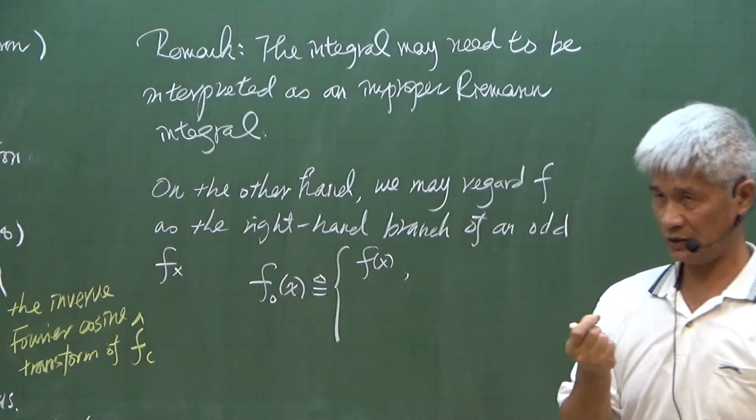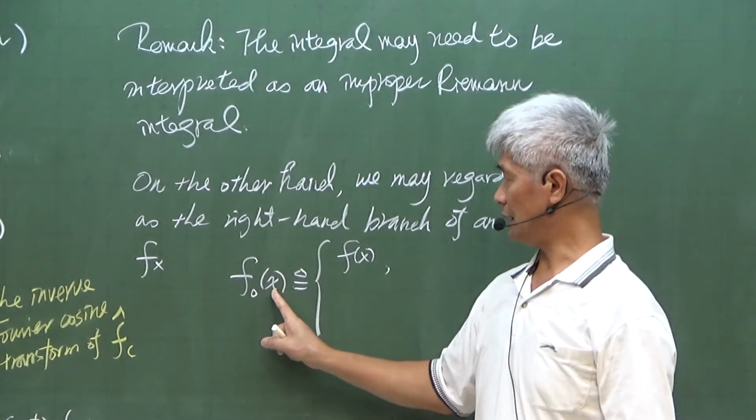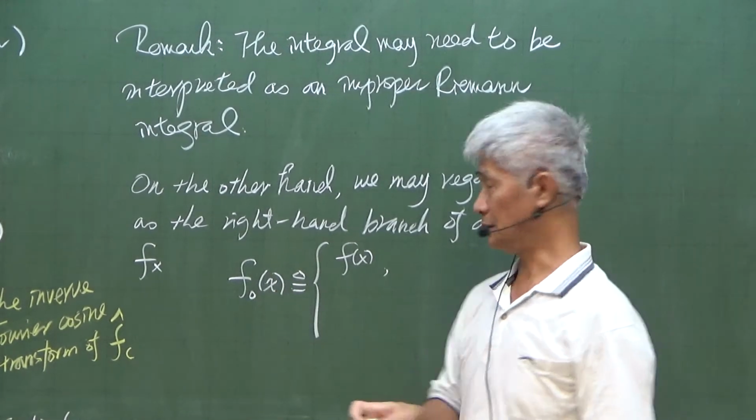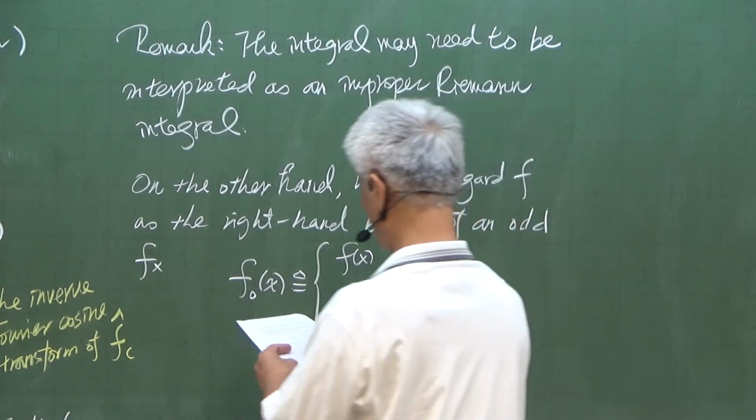For an odd function, the value at x equals 0 should be 0.